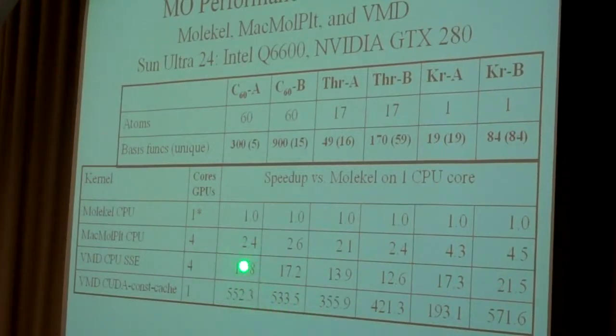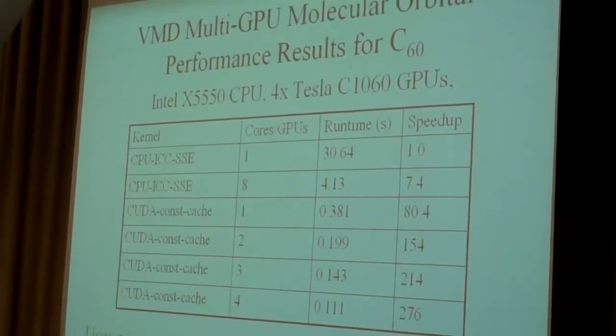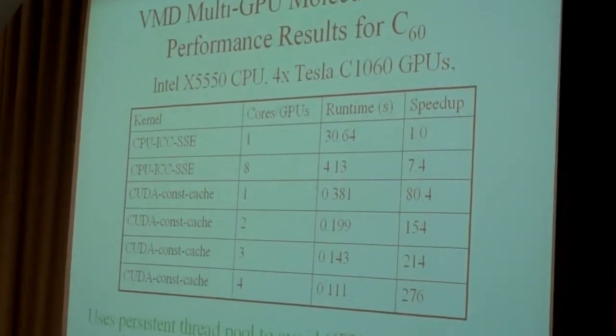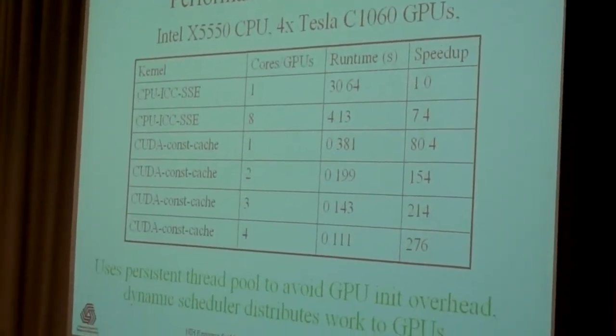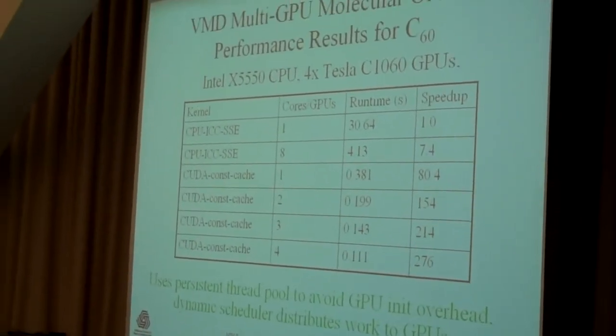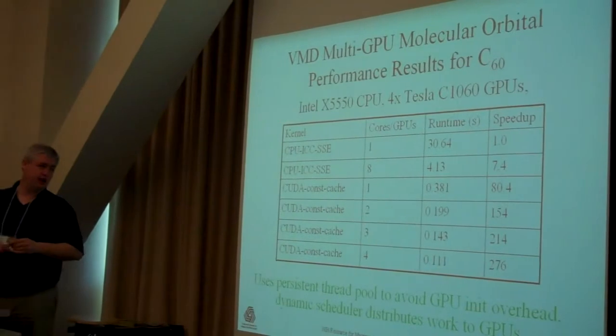Just relative to our own fastest CPU code, we get very significant speedups. And so I'm going to tell you today a little bit about how we achieve that. We have several different algorithms, but the fastest of these, at least for the broad range of GPUs that we want to support, uses that on-chip fast constant memory to store all the orbital coefficients and arrays that we need to process, because it's read-only data and we're just going to have all of the threads walk through the same data.